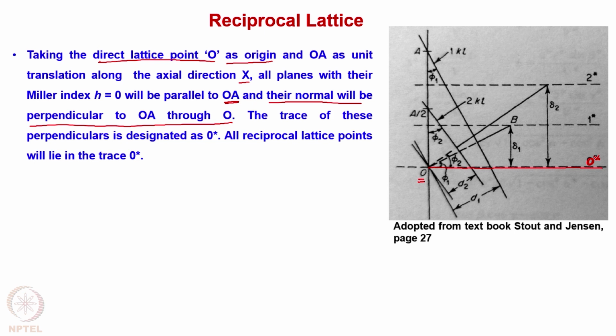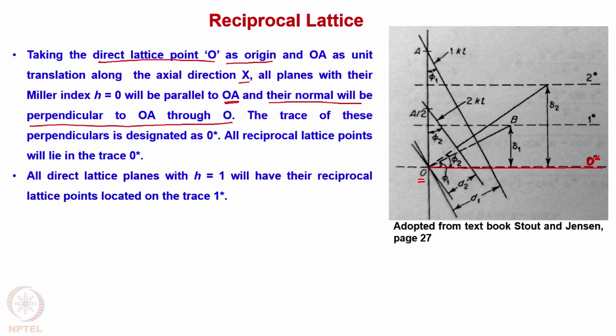Similarly, all the direct lattice planes with h equal to 1, which means the direct lattice plane is now passing through A and goes like that, have an H index of 1, and the other two indices can be K and L, which is written here as well, the 1KL set of planes.